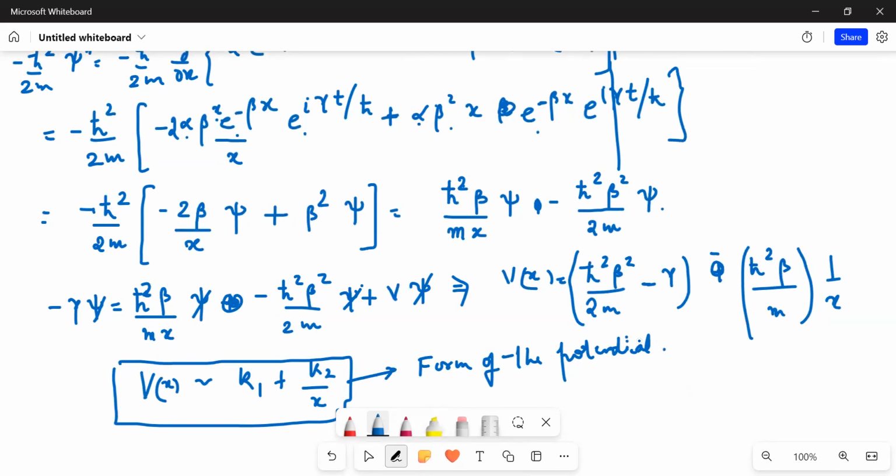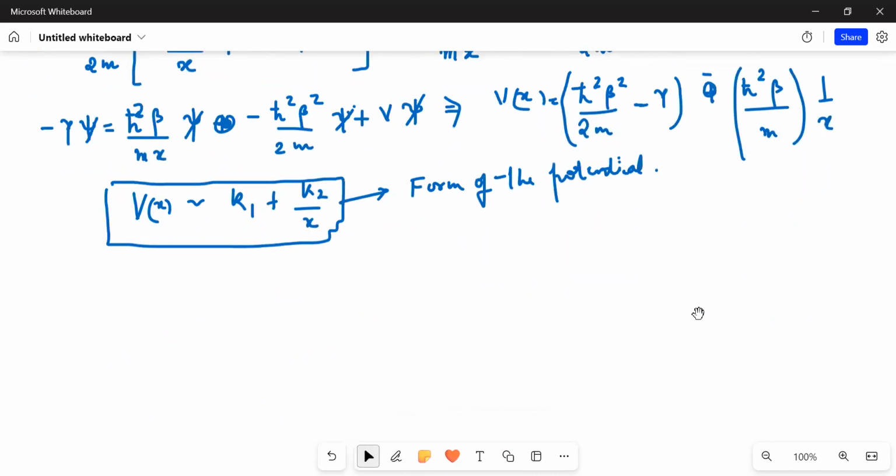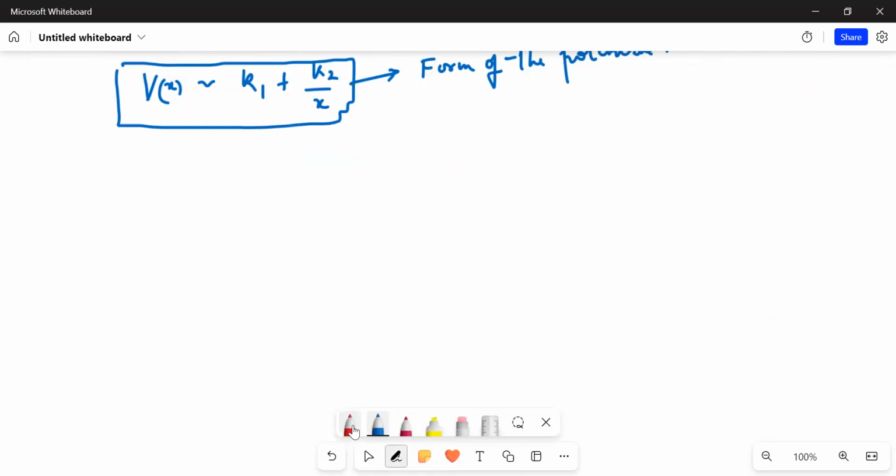Okay. So having done all these things, let me just revise it for you. What is our interest? Our prime interest is to solve the Schrodinger equation for a particular potential problem. And for most of our analysis, we'll focus only on time independent potentials. So right now we are considering time independent potentials.